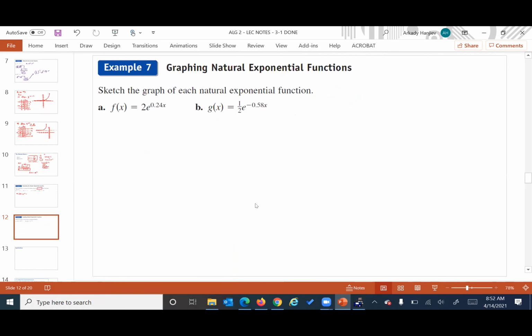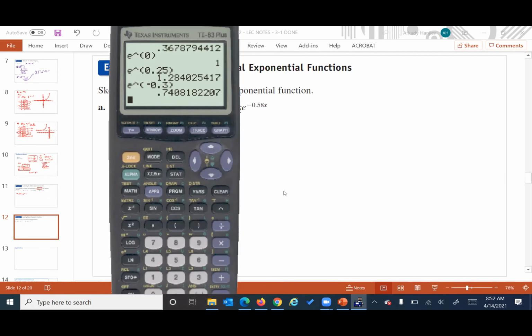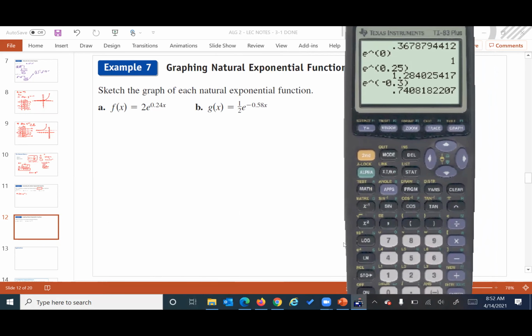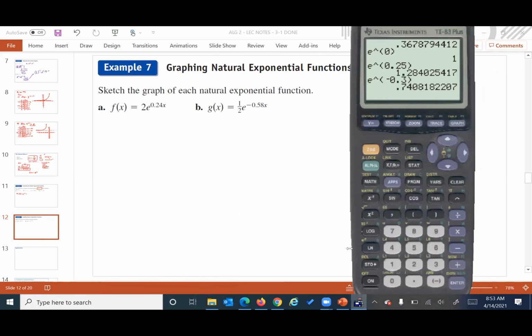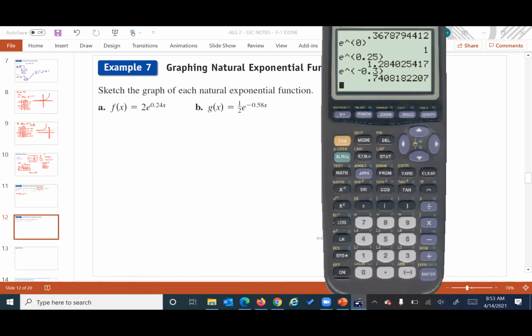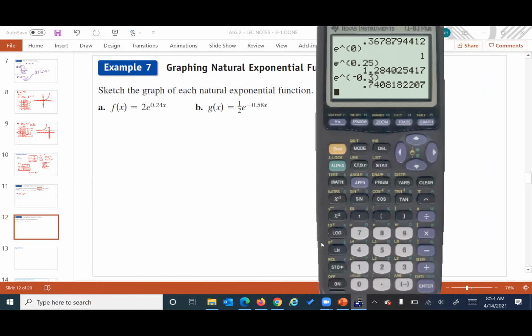Let's do a few more things here. In example 7, we want to make this a little bit smaller so I can fit it all in. Can you guys see that? Okay, next thing on the list is y equals. See this little y equals right here?